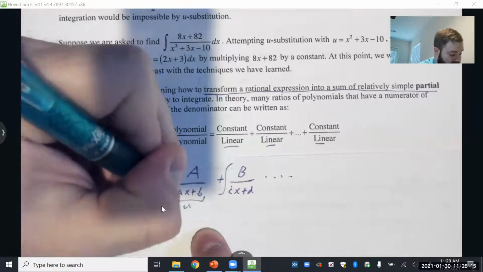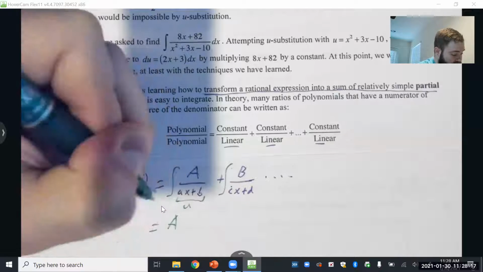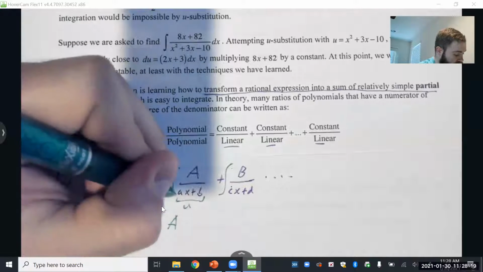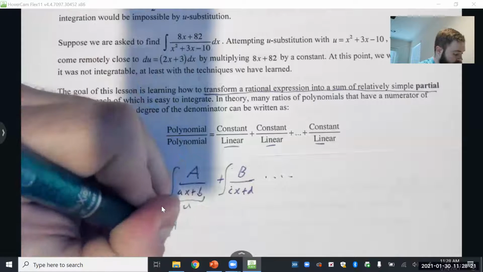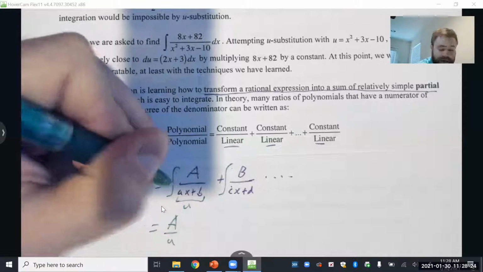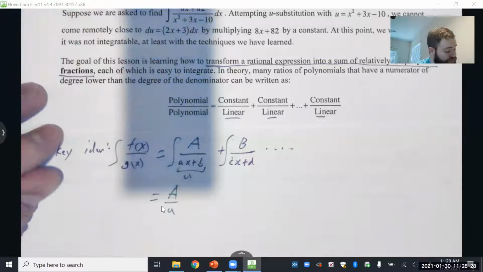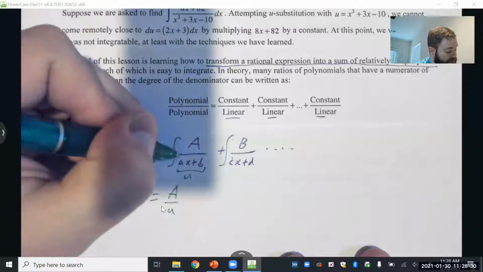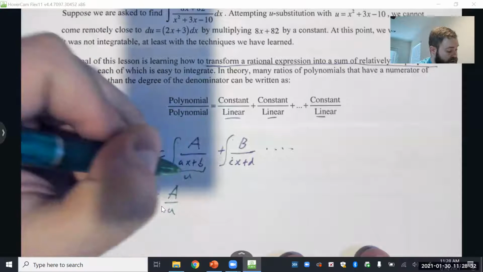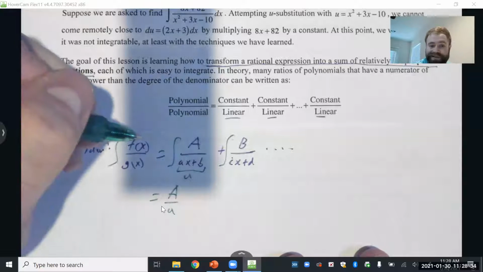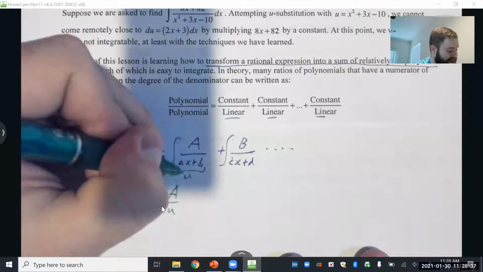We would have to divide by the derivative of the denominator, which is going to be that little a. So it would be 1 over a, integral of 1 over u du, which would just give us natural log of the absolute value of that denominator.